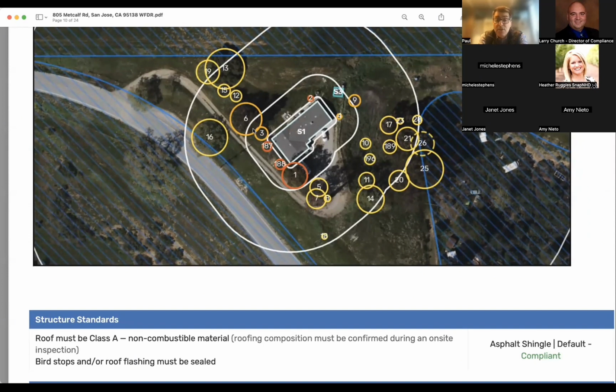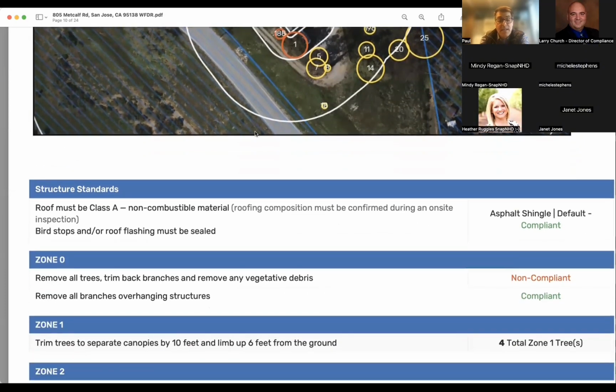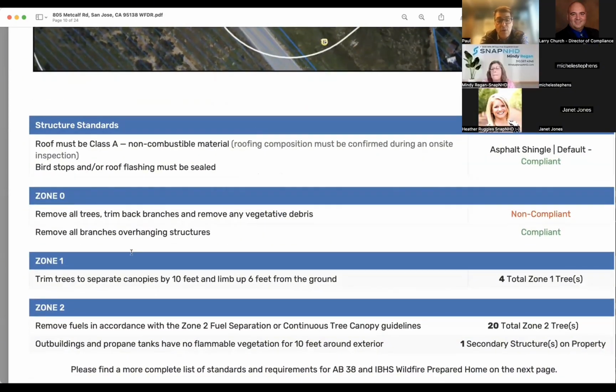All 4 of those trees may require limbing up from the ground 6 feet to meet the CAL FIRE standard, but you can see very clearly that you're going to have to handle at least tree 3 and tree 6.